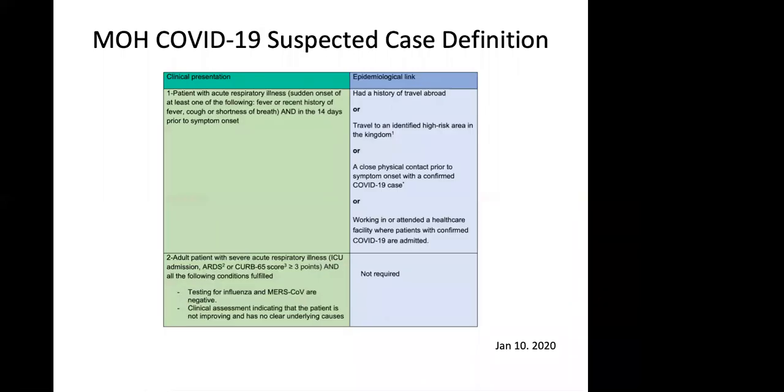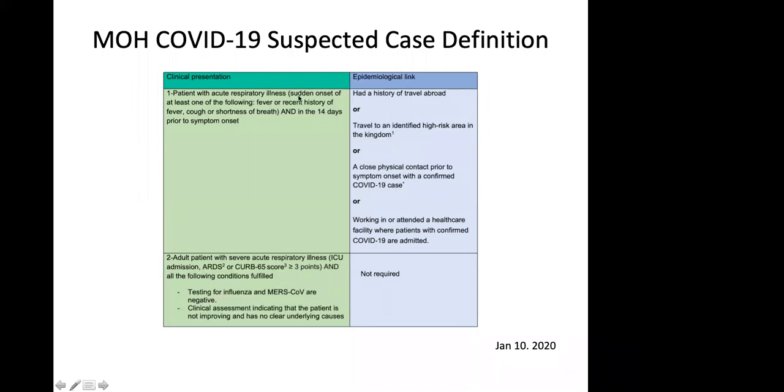So based on the data that was available until January, the MOH COVID-19 suspected case definition was as follows. Essentially, you had to have the correct clinical presentation in line with the reported clinical manifestations, in addition to an epidemiological link.